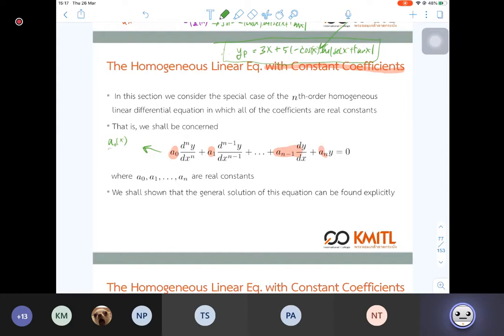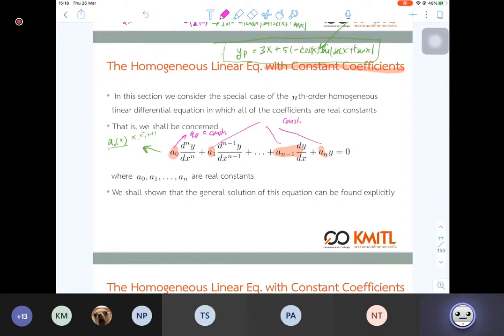So a sub 0 is a function of x, for example x, or x squared, or x plus 1 and so on. But now you have a sub 0 equal to some constant, so just a number. There's no x here. So a sub 0, a sub 1 until a sub n, all of them are constant.